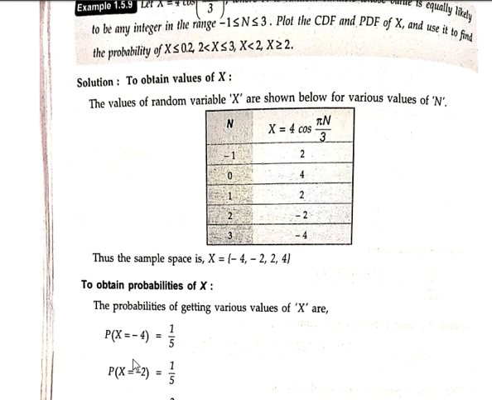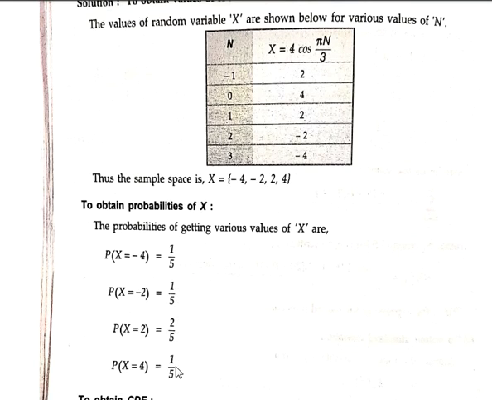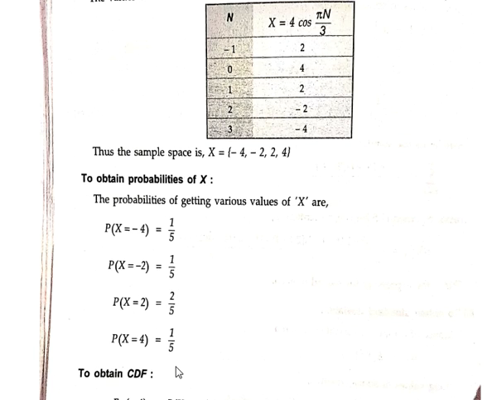Likewise, P of X at -2 is 1 by 5. Now for P of X at 2, the value 2 occurs 2 times, so it will be 2 by 5, and for 4 it is 1 by 5.